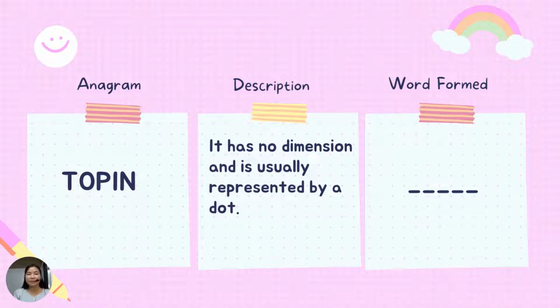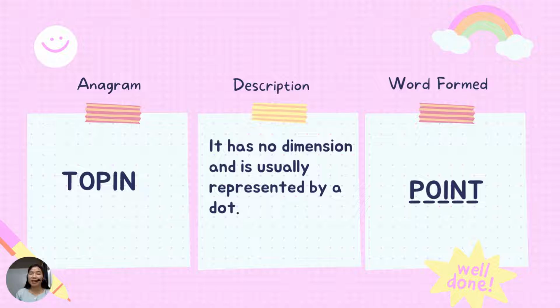Next, we have the letters T, O, P, I, N, and the description is: it has no dimension and is usually represented by a dot. What is the word formed? It's a point. Well done, students.